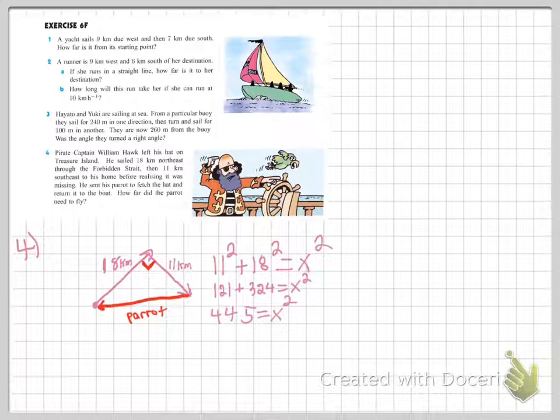Take the square root of both sides, and we get x equals the square root of 445, which is 21.09. So let's just go ahead and do 21.1. So he traveled 21.1 kilometers.